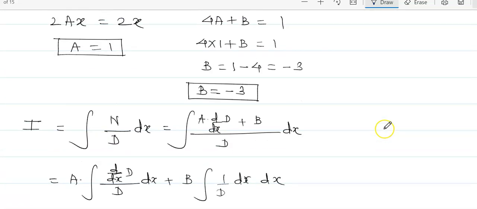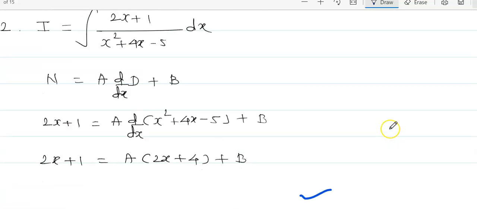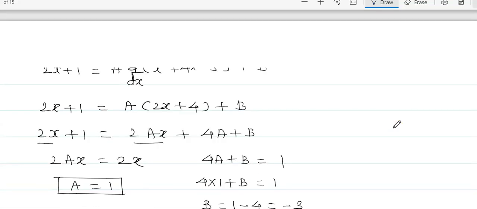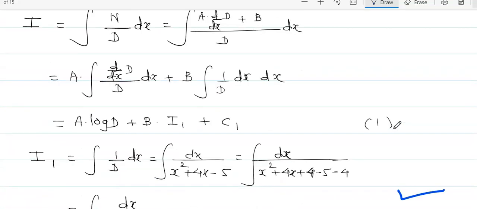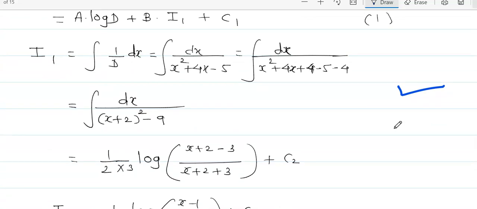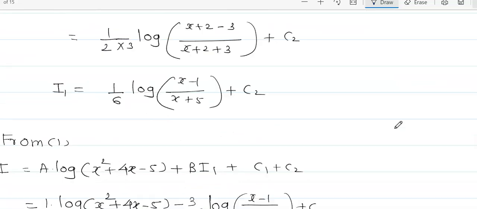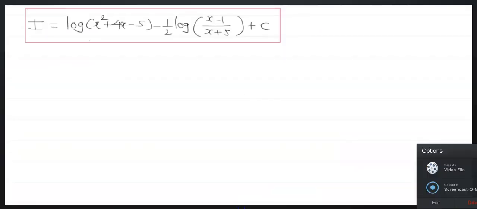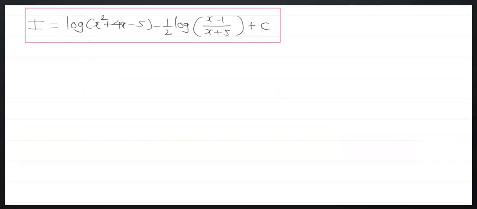Once again, you can summarize this problem. Now next, problem number 3.